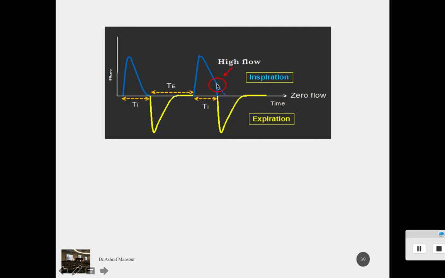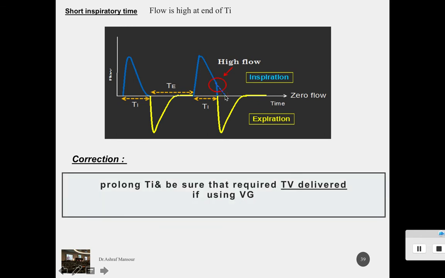Still there is high flow and the expiration starts. It means that the inspiratory time here is short, so the flow is high at the end of inspiratory time. So the correction is to increase the inspiratory time, looking at your graph till inspiration finishes here at zero and then expiration will start. And be sure that the tidal volume is not affected.